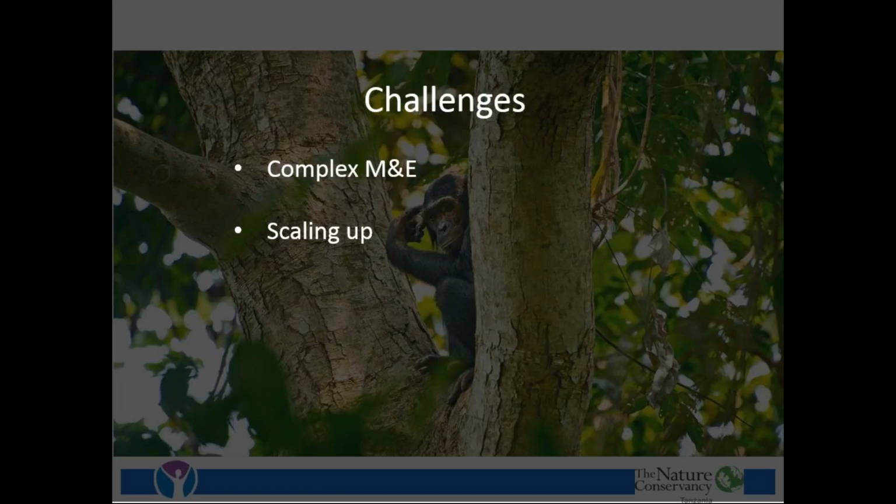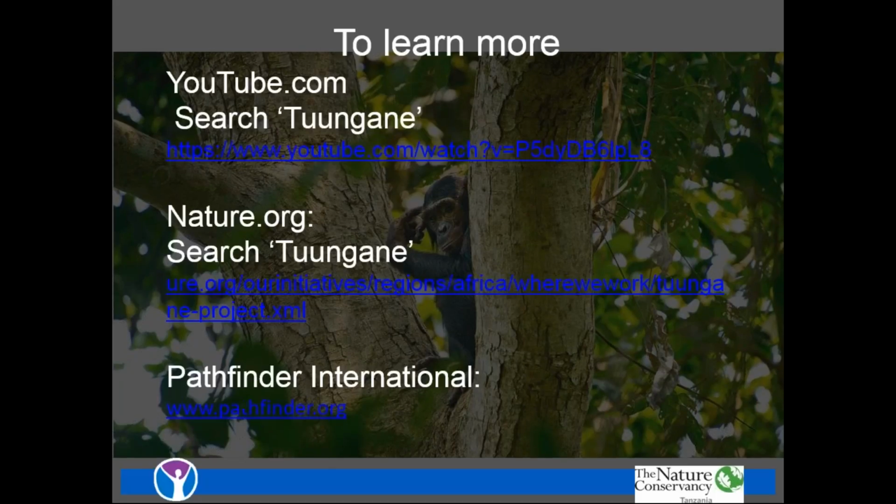And the simple fact is that we cannot scale up the fisheries and forests part of the project as rapidly as the families part of the project. So those are two challenges to keep in mind with a PHE approach. One that I think is common and one that may be more specific to Tuungane.